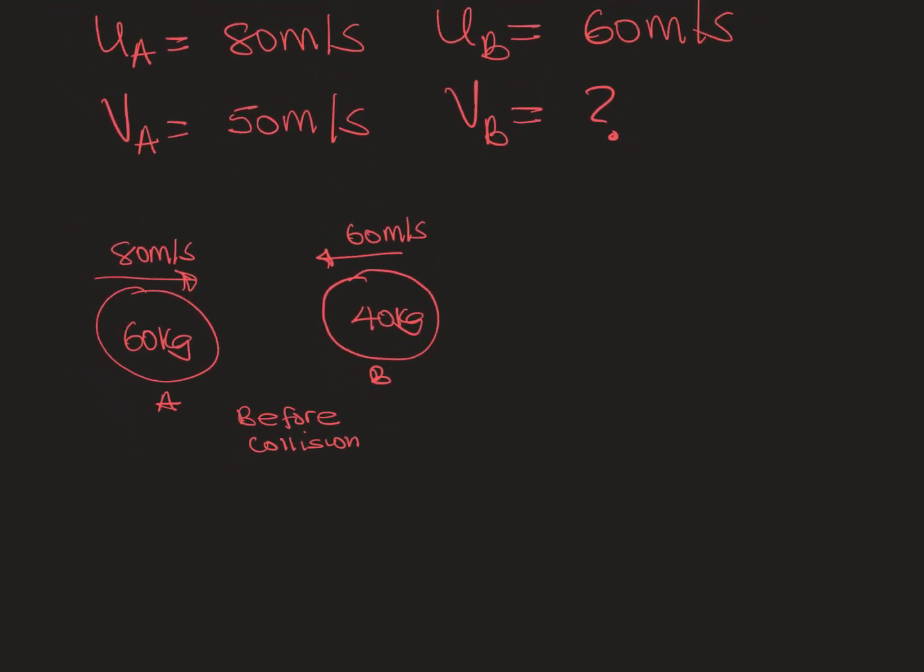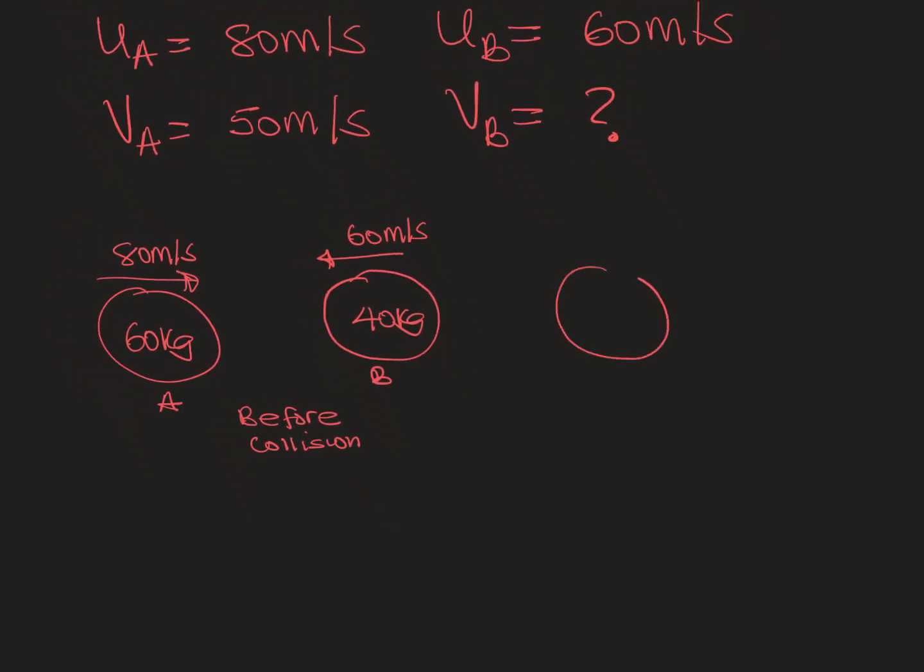But after collision, A has maintained its direction, because that is mentioned in the question. The final velocity is 50 meters per second. But we don't actually know the direction of B, that is the 40 kilogram mass.